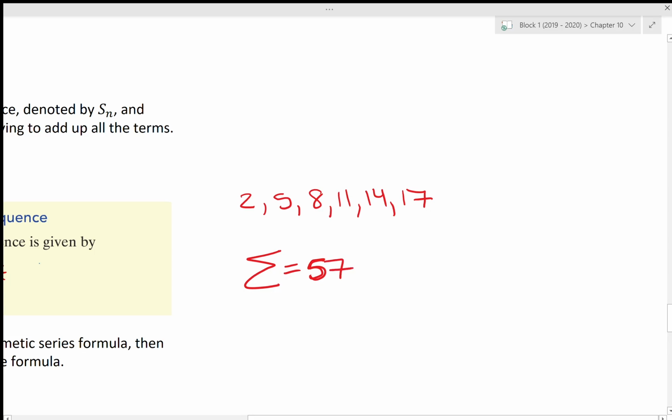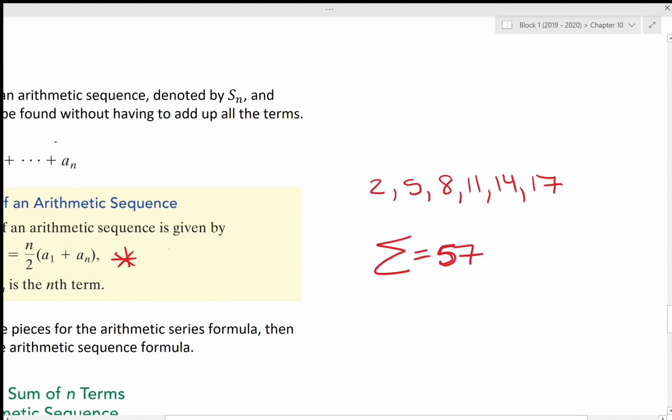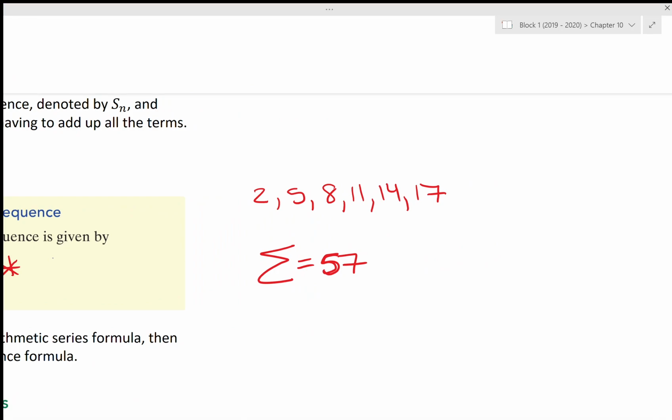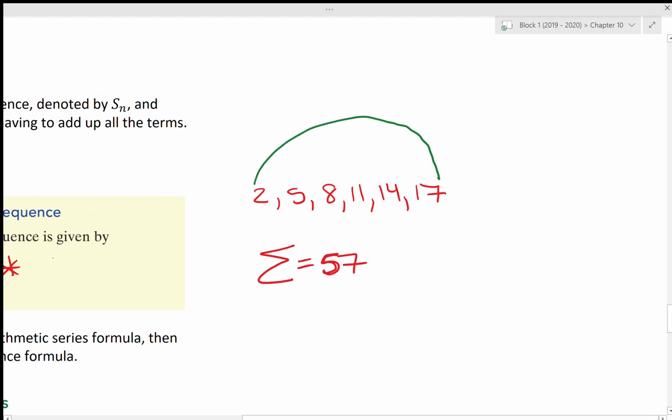Now, the reason why the pattern will work, okay, I want you to look at the first and the last term real quick. 2 and 17. What is 2 plus 17? It's 19. Now, look at the next outside terms, 5 and 14. What do 5 and 14 add up to? 19 as well. And then 8 and 11 also add up to 19.